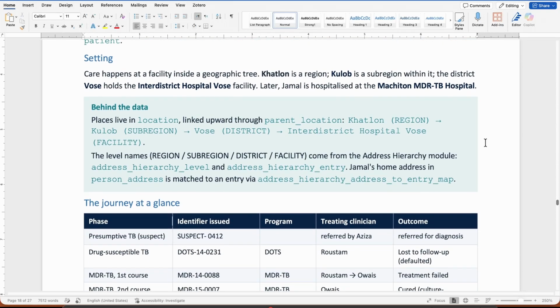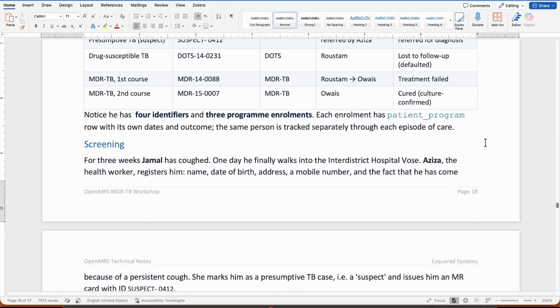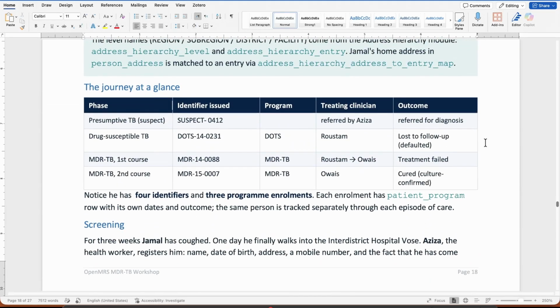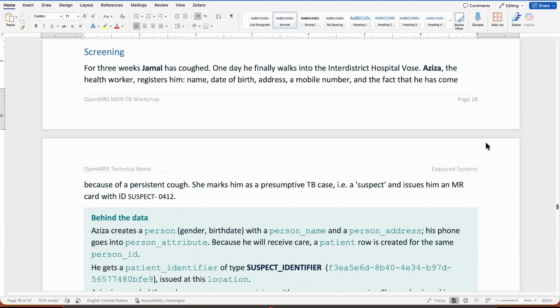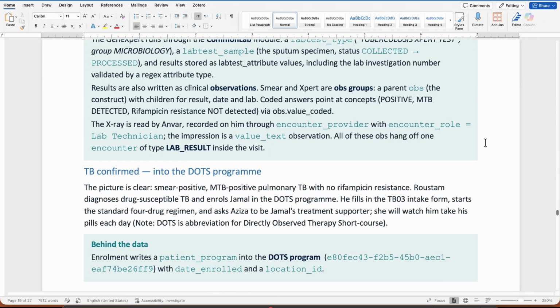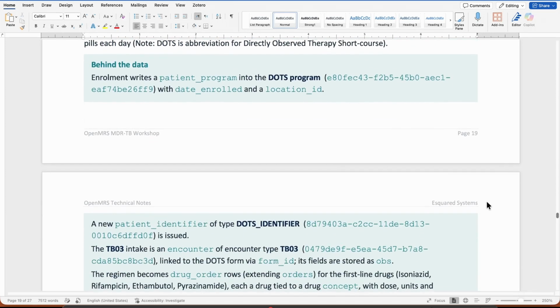So this is the scenario, and you have to read this whole progression of Jamal from DS-TB: how he was screened, how he was diagnosed, what forms, what tables, what fields were used in the OpenMRS system. It's all very important to understand. And what happens behind the scenes, the DOTS program, how that's running.